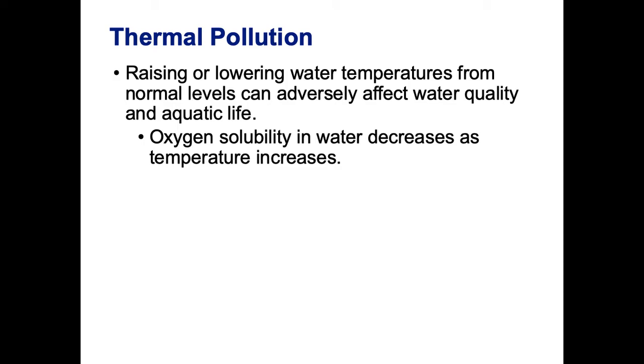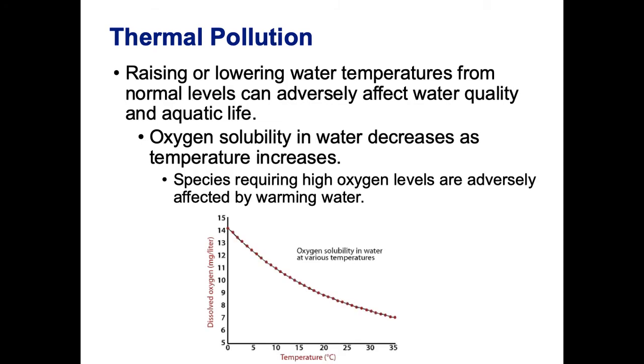And if the temperature of the water goes up, the solubility of oxygen in water goes down. So if water gets hot, there's automatically less oxygen in that water, whether you have eutrophication going on or not, like we talked about before. So that's one way that changes in water temperature can be really important.